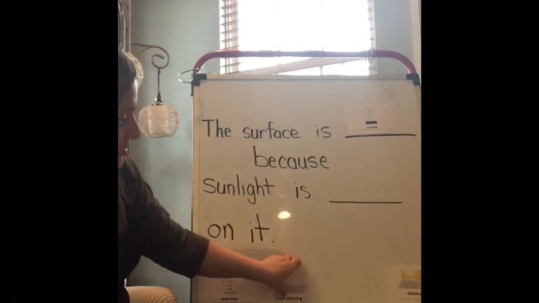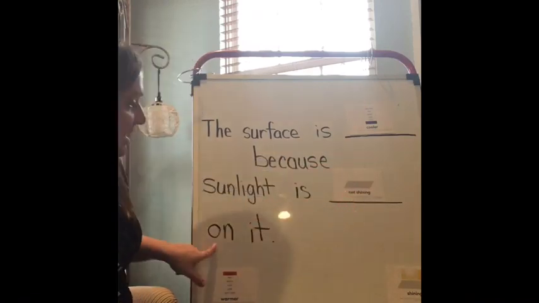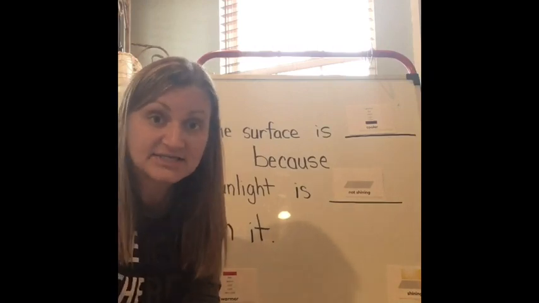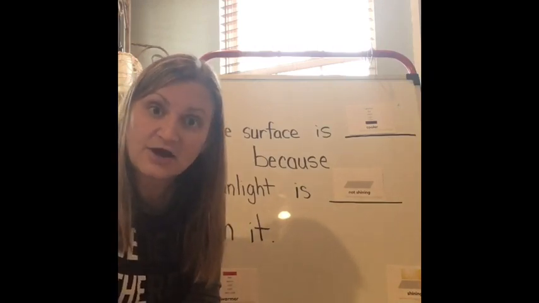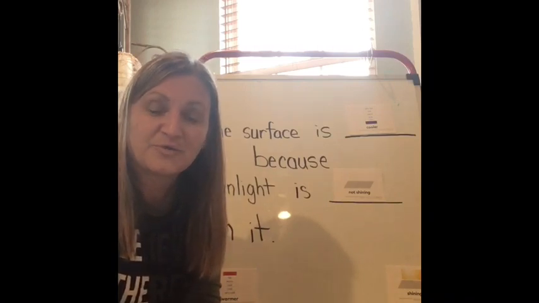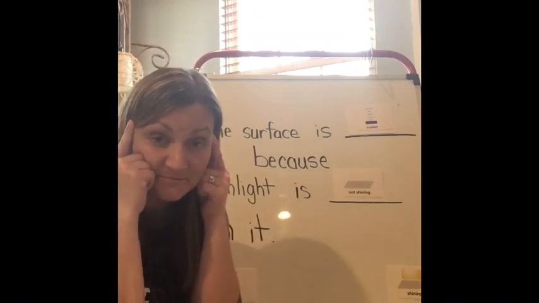It was not shining, so we're going to move that one up there. Not shining on it. The surface is cooler because the sunlight is not shining on it. Doesn't that sound much more scientific than just saying it's colder, right? We want to be like a scientist and use that cause and effect to explain our thinking.